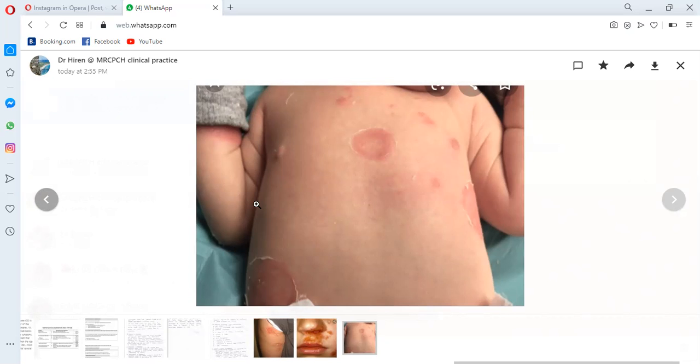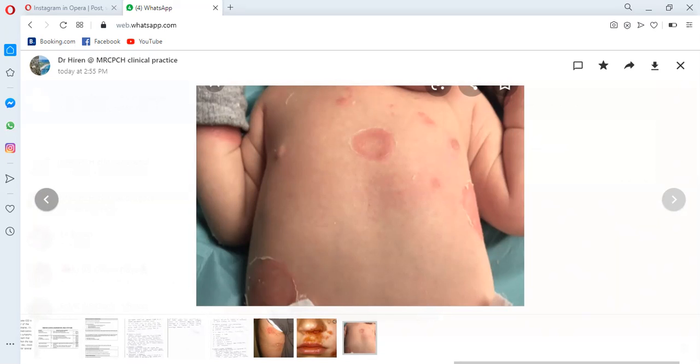So how would you differentiate this condition from toxic epidermal necrolysis?